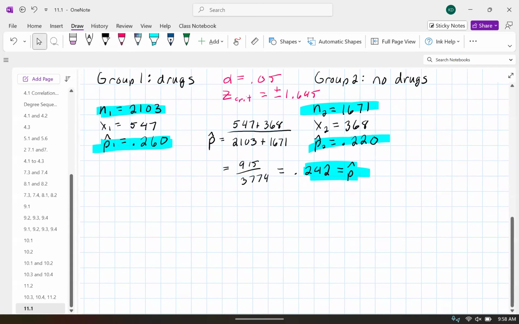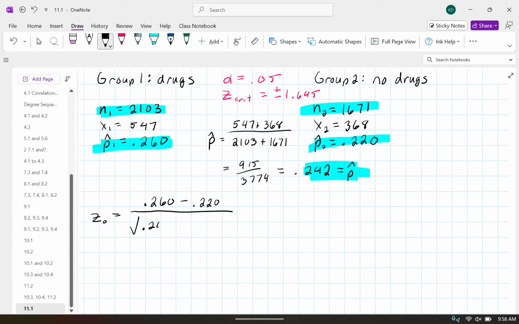Okay, so that crazy Z formula we are gonna use. So Z0 equals P1 minus P2, the hats. So I get 0.260 minus 0.220, ouch, divided by P hat, which is 0.242. 1 minus that, 0.758.